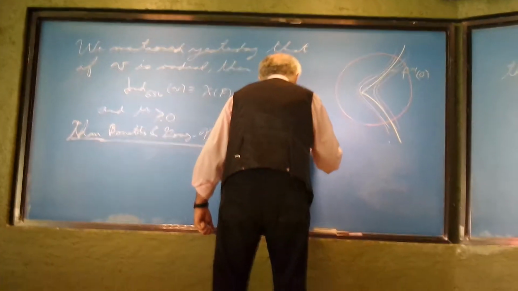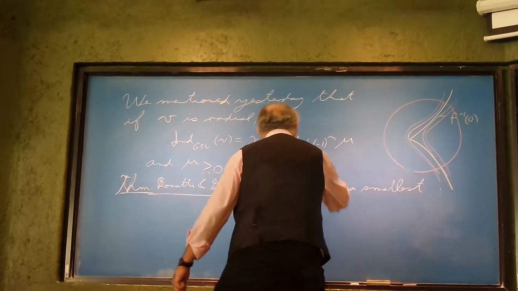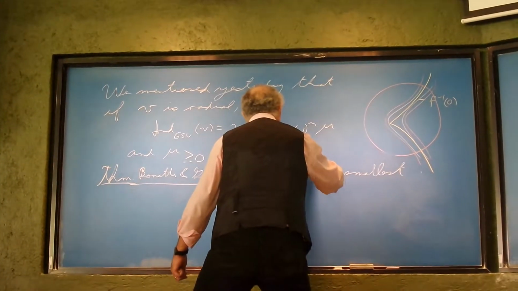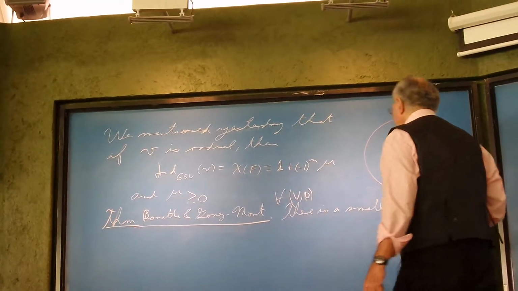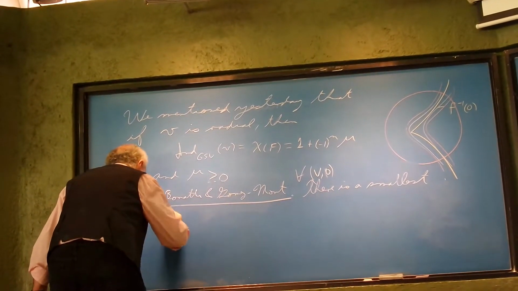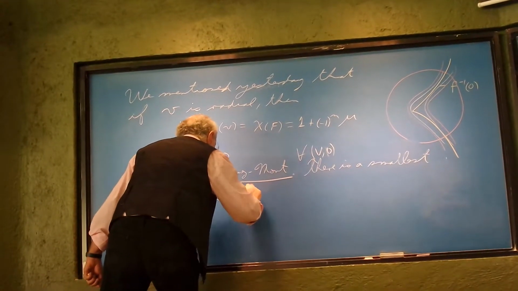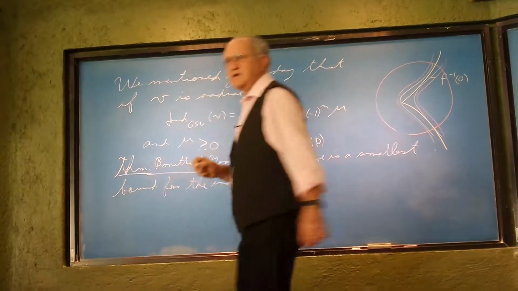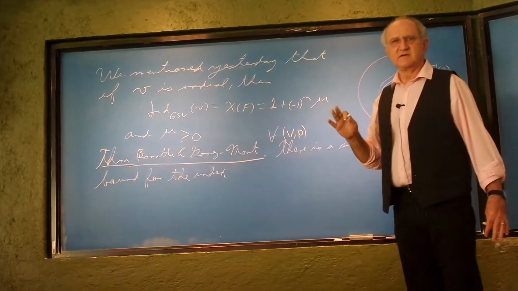For all germs, there is a smallest bound for the index. So it can be negative, but not arbitrarily negative. It has to be larger or equal to something.